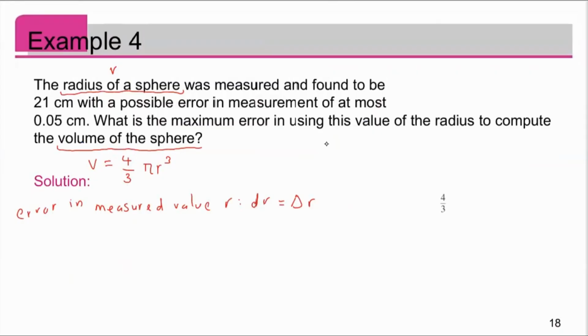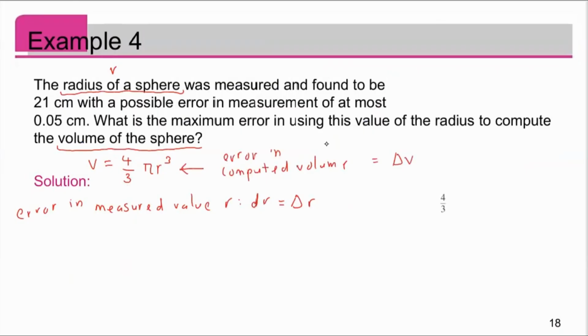Then the corresponding error in the calculated value, using the formula we use to compute the volume, so the error in the computed volume obtained by using this dr will be delta V.